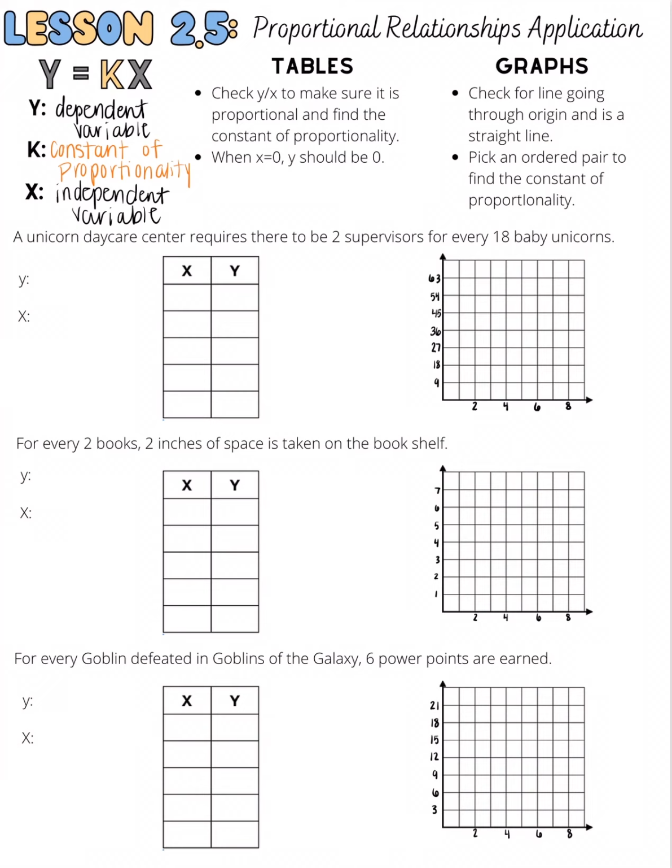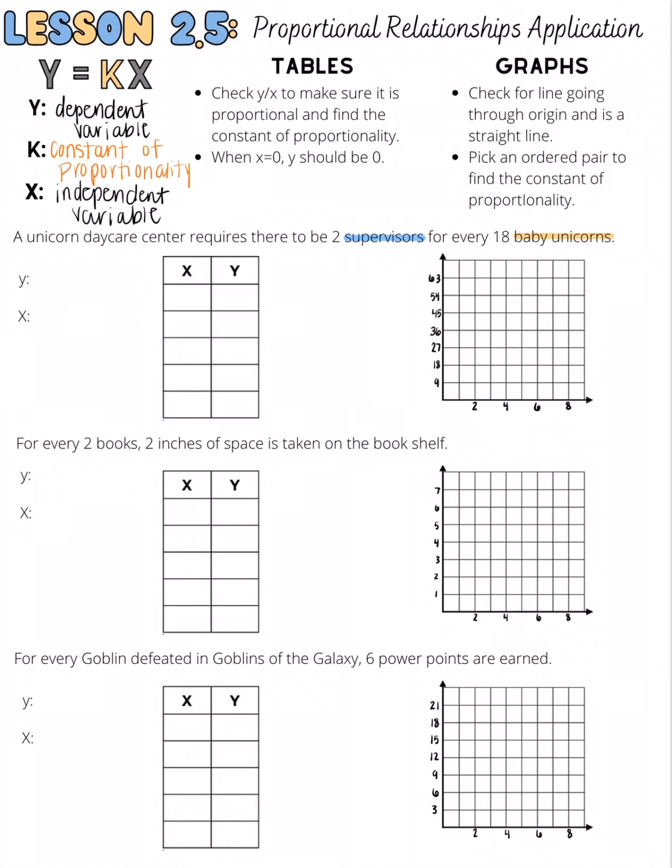With this problem, there are 2 things we're working with: supervisors and baby unicorns. A unicorn daycare center requires 2 supervisors for every 18 baby unicorns. So our dependent variable, our y, is going to be the baby unicorns.